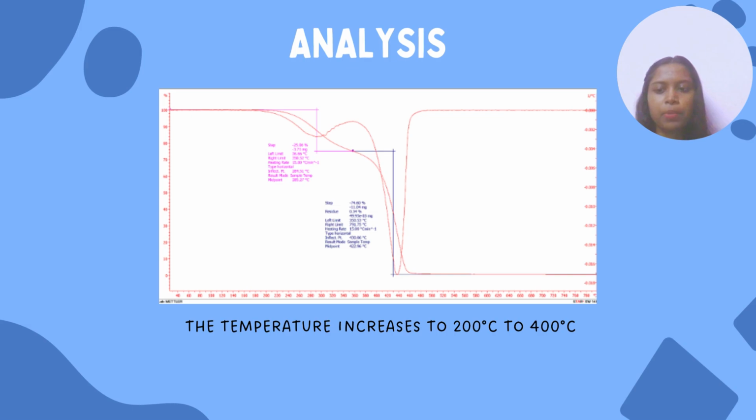At temperatures above 400 degrees Celsius, the residue, typically 10% to 20%, indicates the presence of inorganic or non-volatile components. Analyzing this residue helps understand the wax's thermal stability and potential industrial applications.